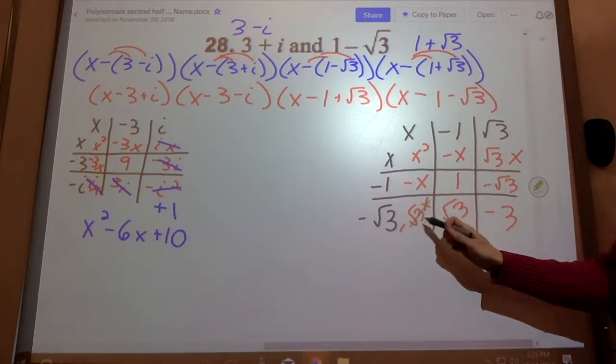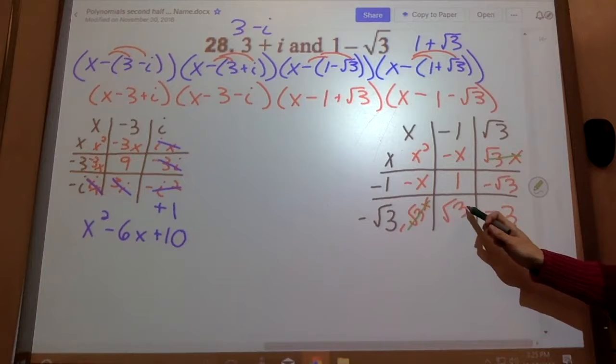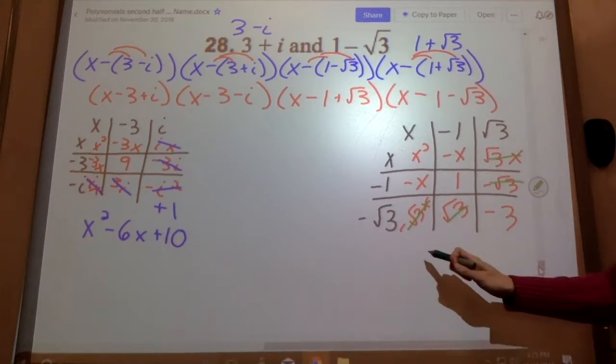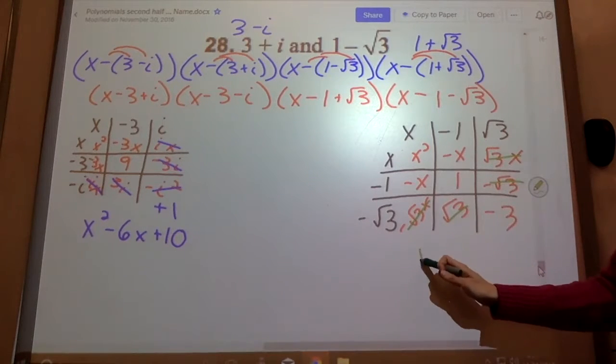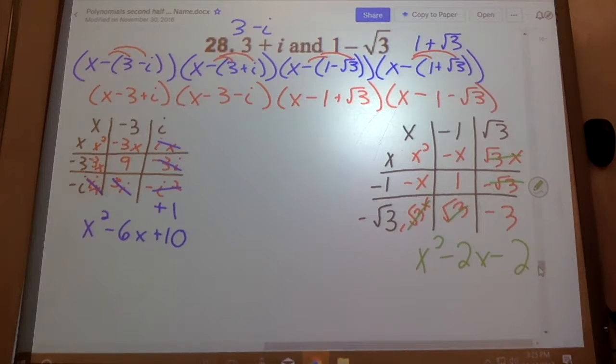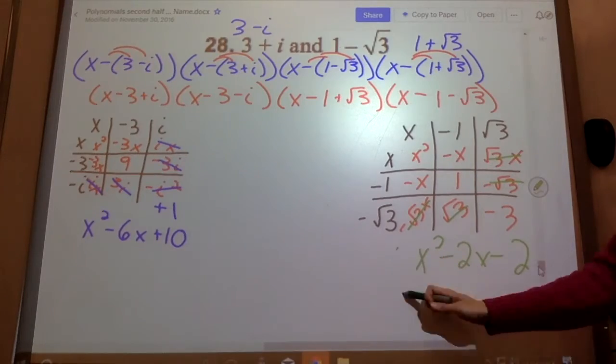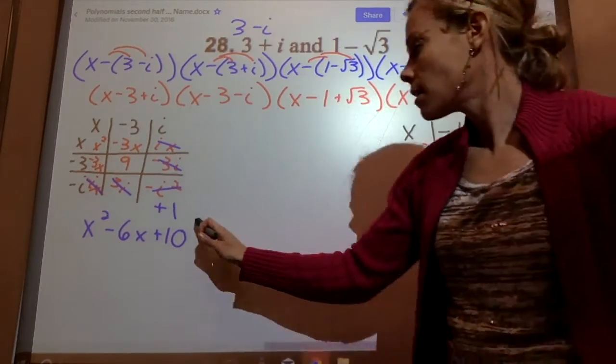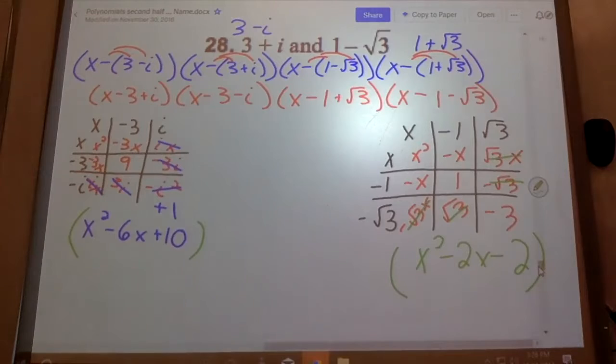This is negative to positive, gone. Positive, negative, gone. So combine like terms, I get that. So then one more table, because I need to multiply this with this. So I need one more table set up, and that'll get me my answer, my polynomial.